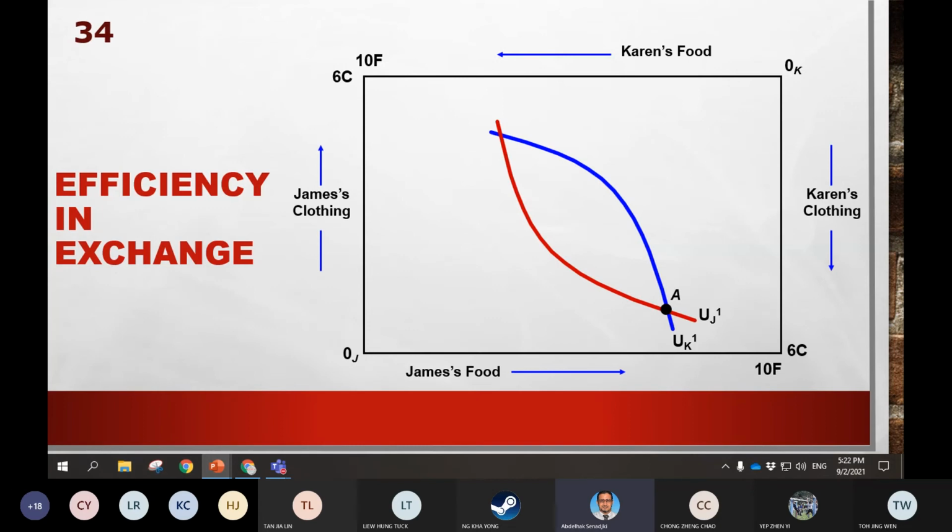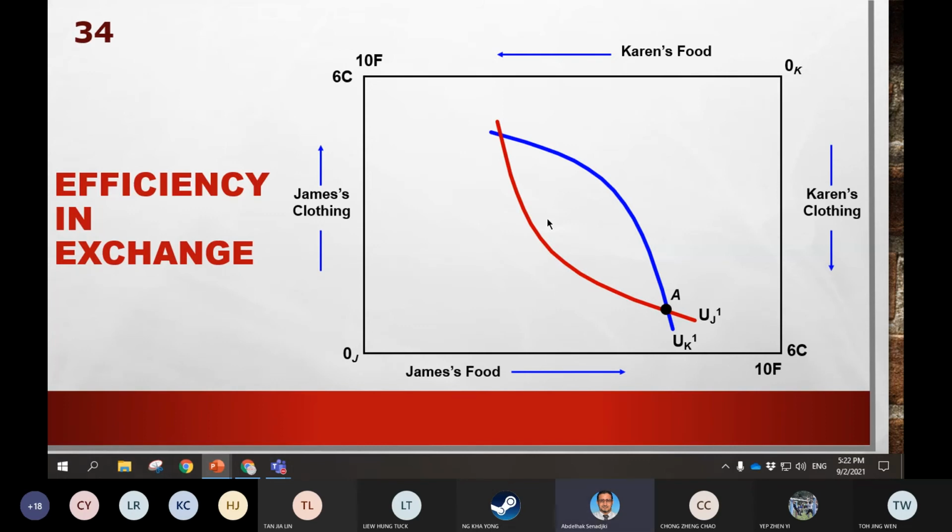But James's marginal rate of substitution of clothing for food is equal to only 0.5. He trades only 1 food for half a cloth, while Karen's is 3. She trades 3 food for 1 cloth.